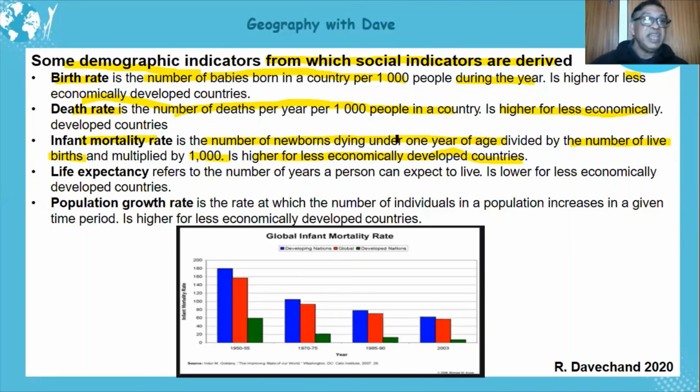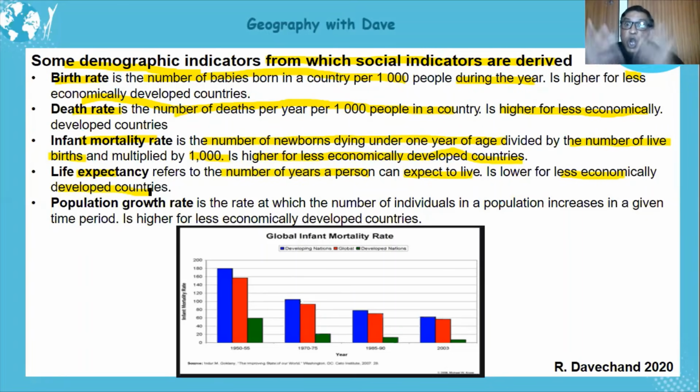Life expectancy, the total number of years a person is expected to live, will obviously be lower in the less economically developed countries because their health facilities are not as effective.